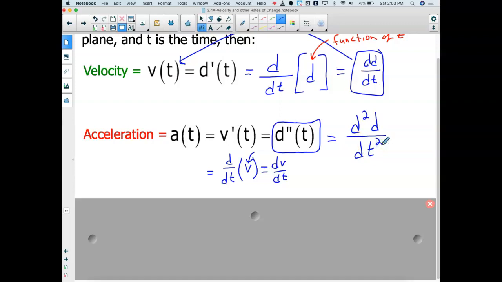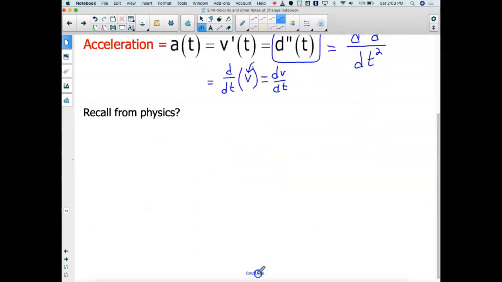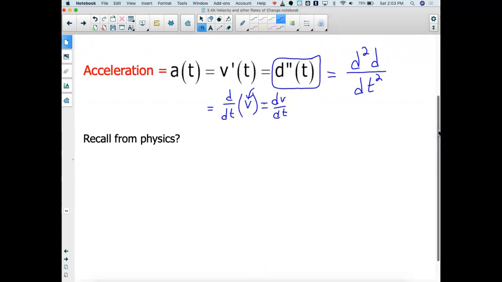And the best explanation I have for you is, if I come down here, what I want to do is take d over dt of d. Well, that's my first derivative, right? And I want the derivative of that.